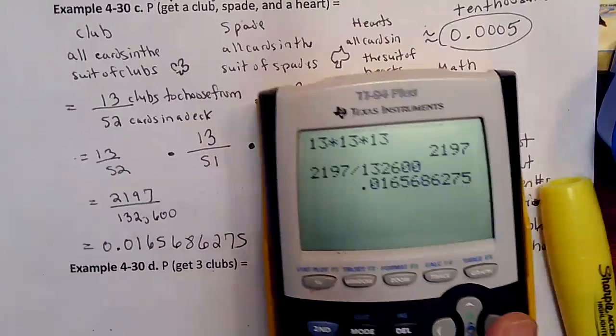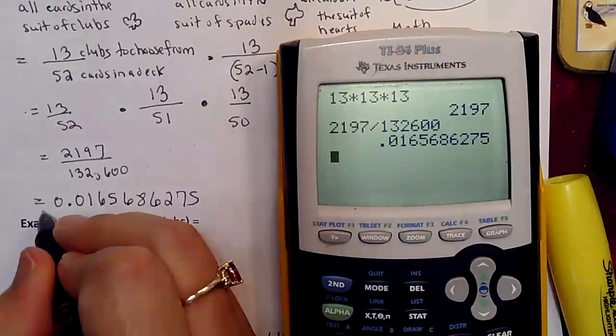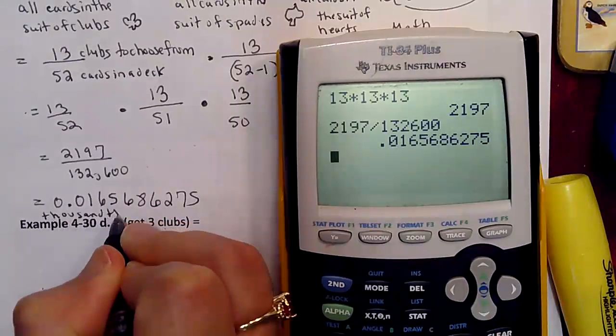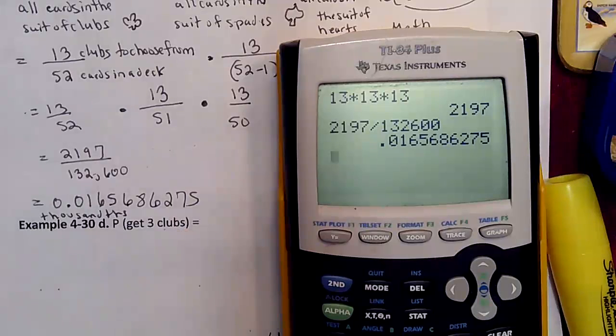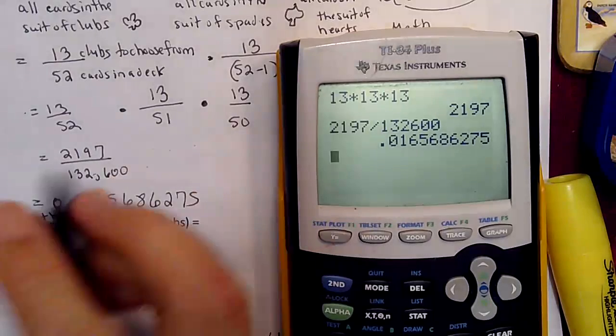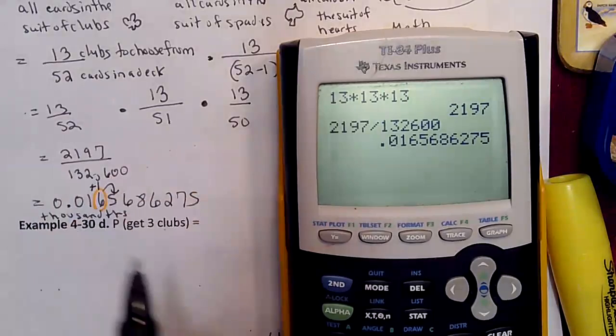Okay. And I'm going to round that to the nearest thousandth. Tens, hundreds, thousands. Now look at the number to the right. Is that 5 or more? Yep. So add 1 to that.